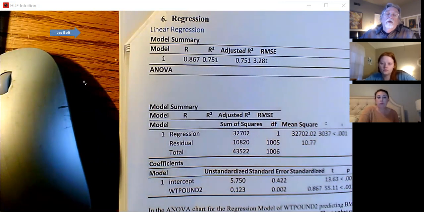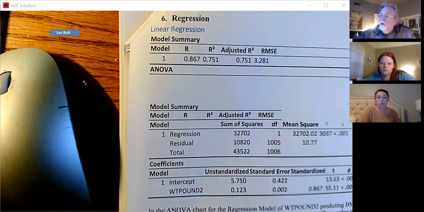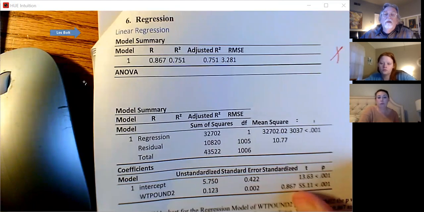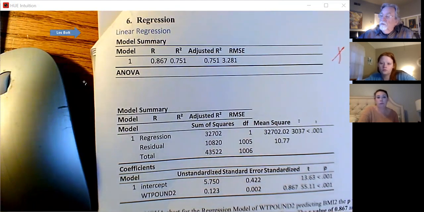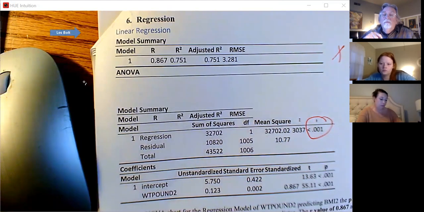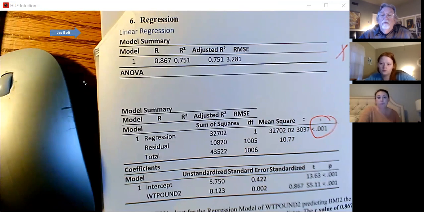And so with the model, we don't really need to worry too much about what's going on in here. But we do need to understand, is it significant? And it is significant. The p-value is significant. So we know it's a significant model.